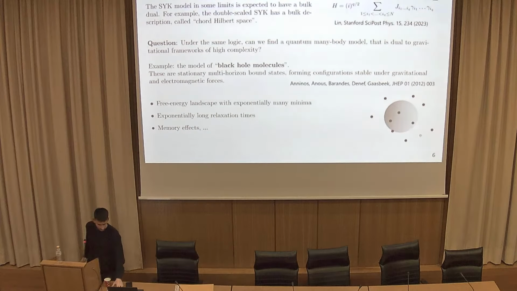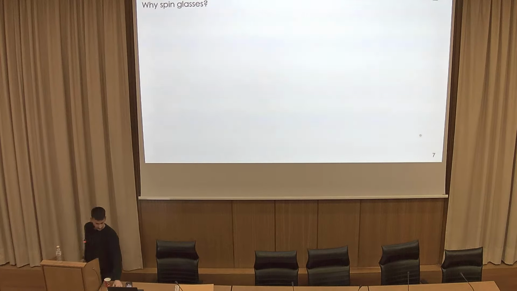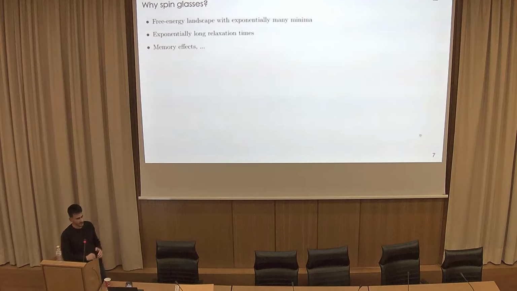What people have proposed for a few years now is that we could find a dual quantum many-body system for these kinds of models: spin glasses. The argument for why we choose spin glasses is that they have the same properties. There is definitely not a concrete duality statement, just the fact that they share the same properties.